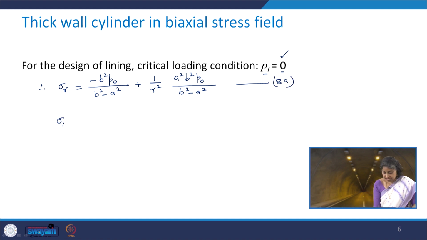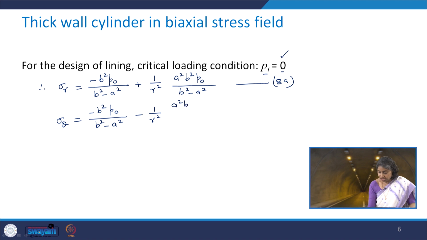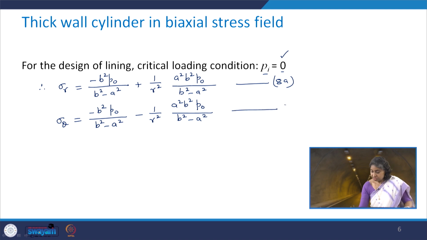And sigma theta will be minus b square p naught divided by b square minus a square, minus 1 upon r square a square b square p naught divided by b square minus a square. This is equation number 8b.